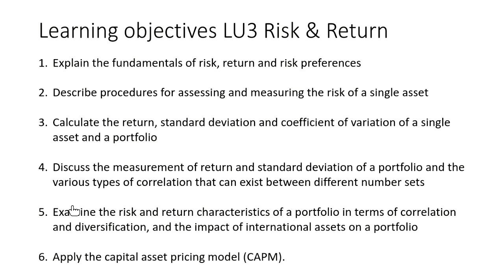And then we specifically look at a portfolio and the risks in a portfolio in terms of the concepts of correlation and diversification. Okay, and we have a look at international assets as well. And then also very importantly in learning unit 3, it's not here in our learning objectives, but the types of risk, systematic and unsystematic risk, please remember that that's extremely important as well.